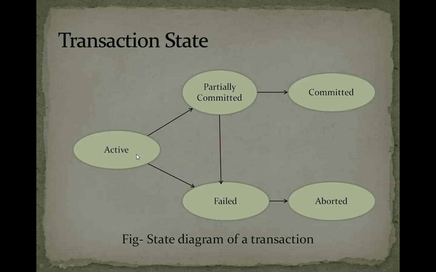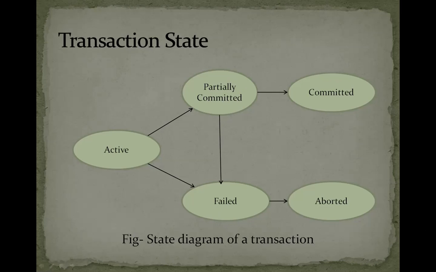So what is the active state? The active state is the initial state, and the transaction stays in that state while it is executing. What is partially committed? After the final statement has been executed, it will change to the partially committed state. Failed state: after the discovery that normal execution can no longer proceed, it is in a failed state.